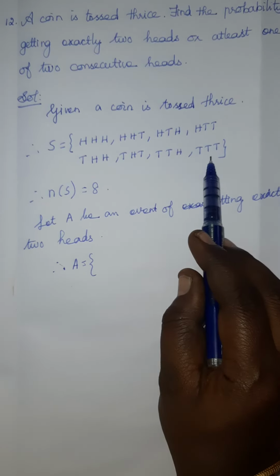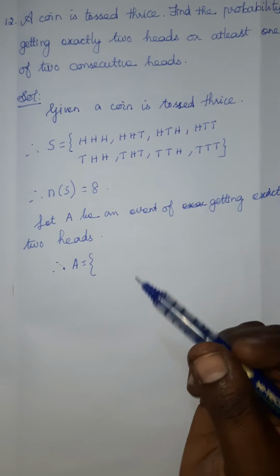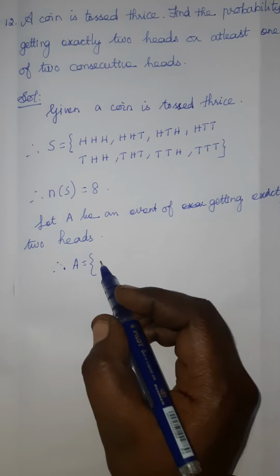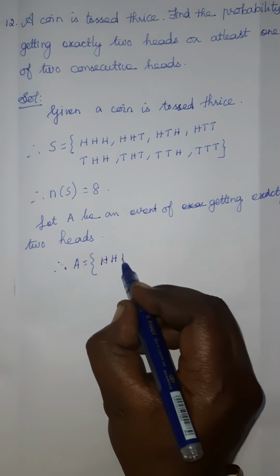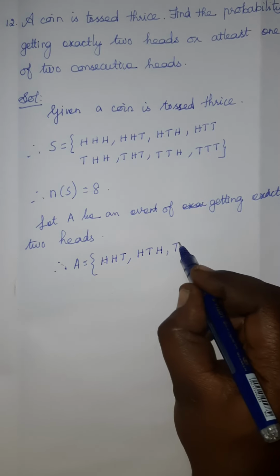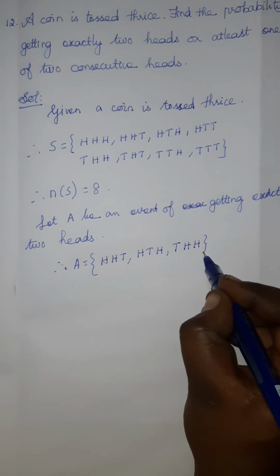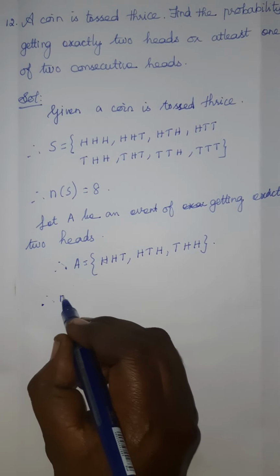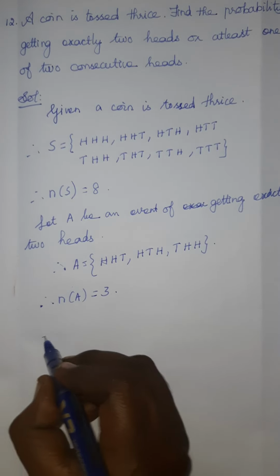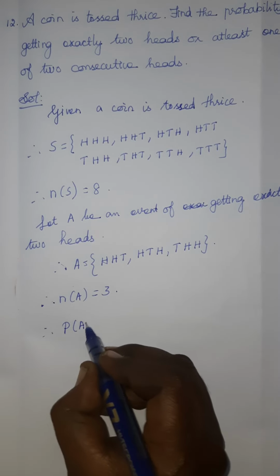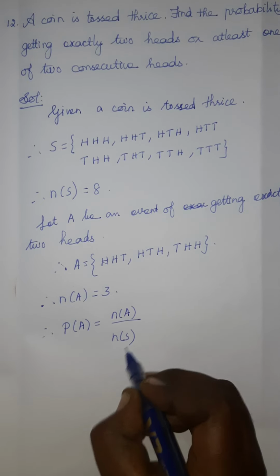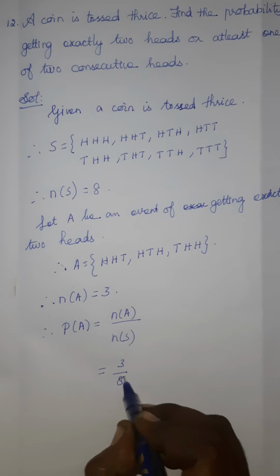Exactly 2 heads means no more heads or tails. Understood? So HHT, HTH, THH. So what is n of A? Equal to 3. Therefore, P of A equals n of A divided by n of S, that is 3 divided by 8.